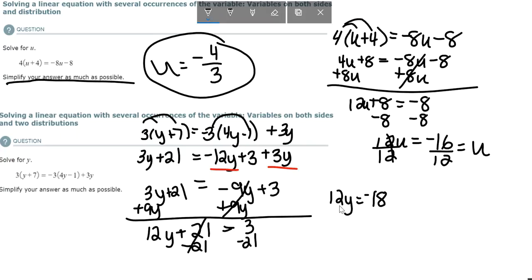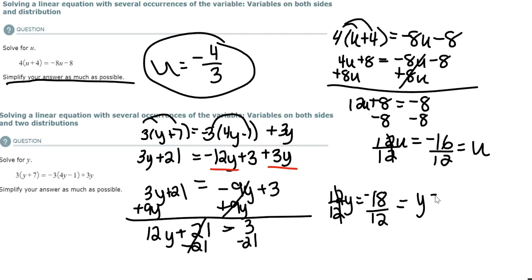And then again, very similar to the last one, I'm going to go ahead and divide by 12. And that gives me y is equal to negative 18 over 12, but I want to go ahead and reduce this. These numbers are both divisible by 2. Actually, they're both divisible by 3, so that gives me negative 6.